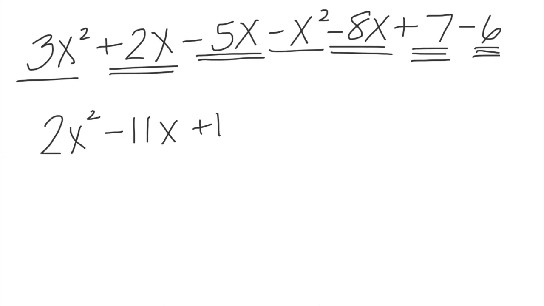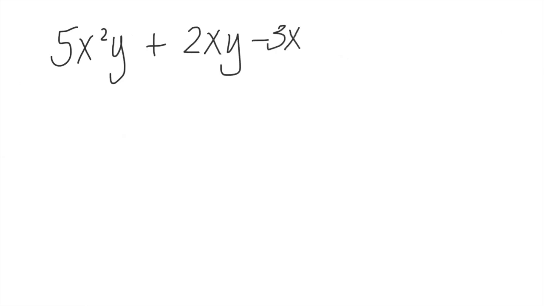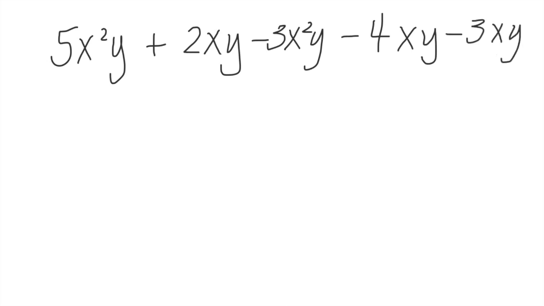How did we do? Any questions? I got it. You got it? Okay, good. So now, sometimes these can look like this. 5x squared y plus 2xy minus 3x squared y minus 4xy minus 3xy squared.